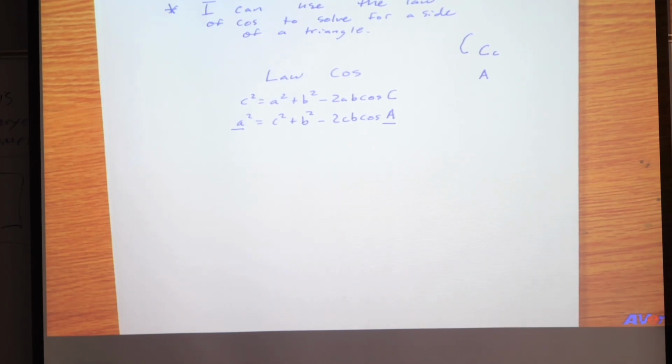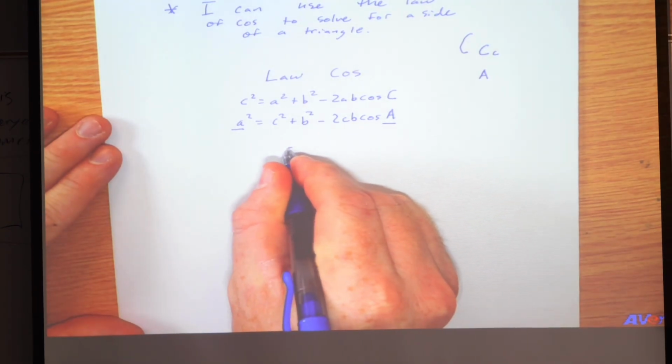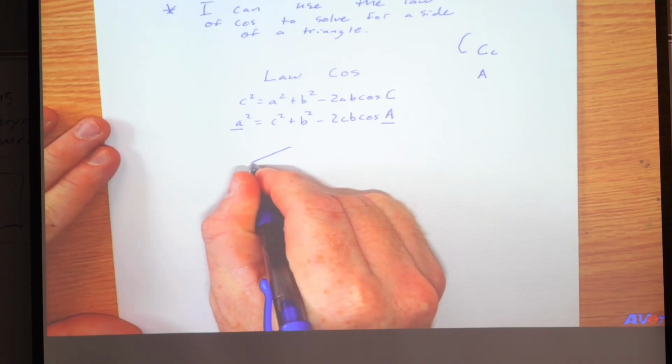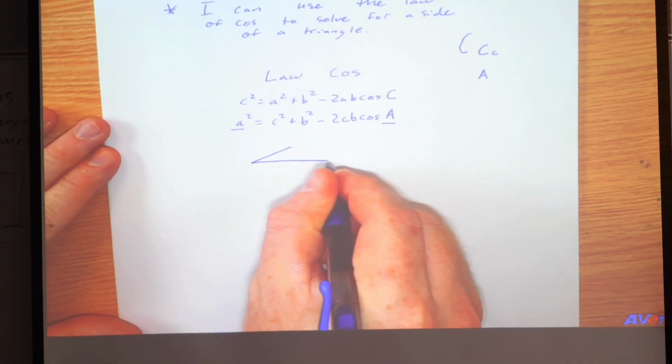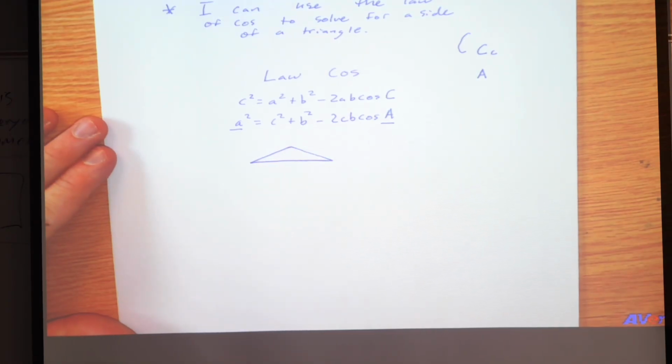So, first example, we'll look at something like this. And again, with the law of cosine, we don't have to use right triangles, which makes our life a little bit better.